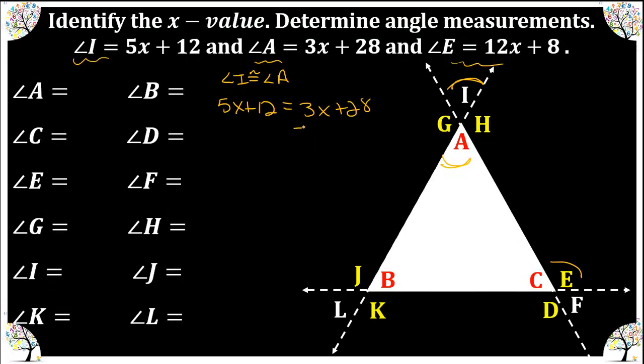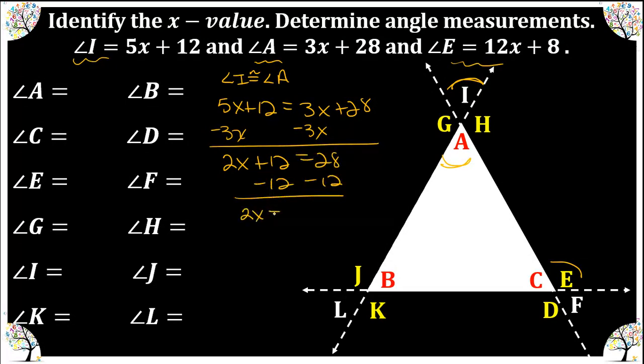I always deal with the variables first, and I'm going to deal with a smaller variable, which is 3x. So our x value is 8.